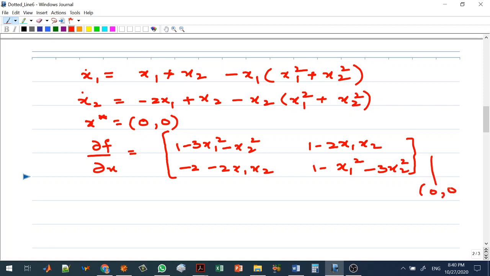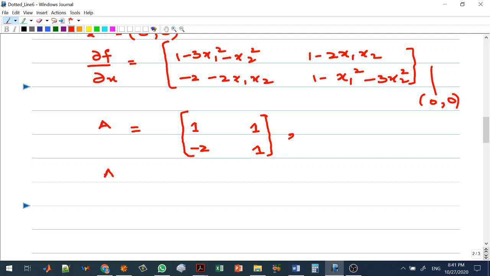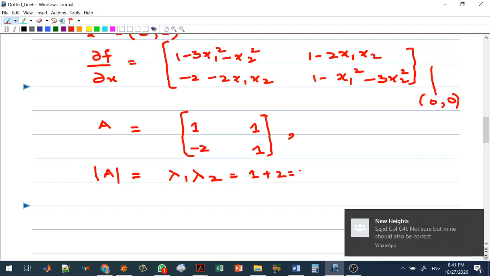And if we apply x1 x2 is equal to 0, 0, then the resultant matrix is 1, 1, minus 2, 1, and we know that this matrix A, if we want to just find out its eigenvalues, then we know that the determinant of A is equal to the multiplication of the eigenvalues, which is equal to 1 plus 2 is equal to 3, right?